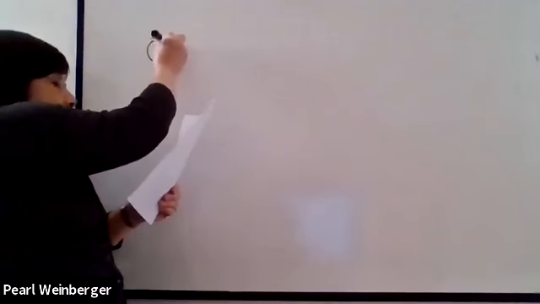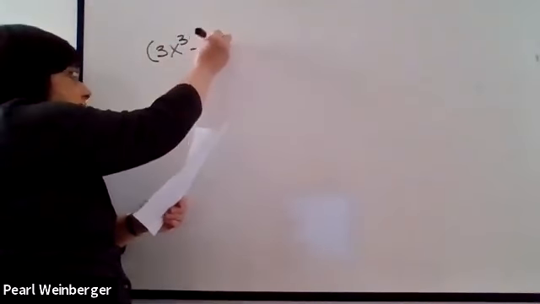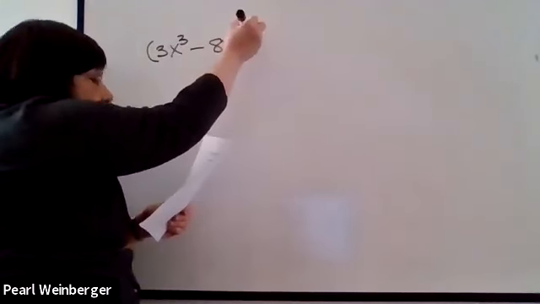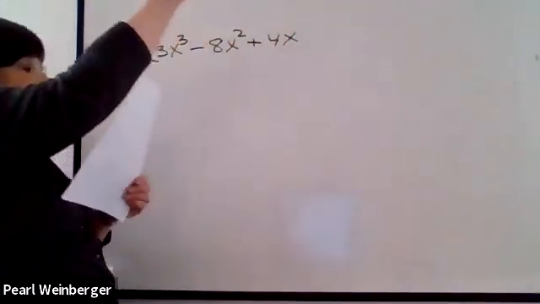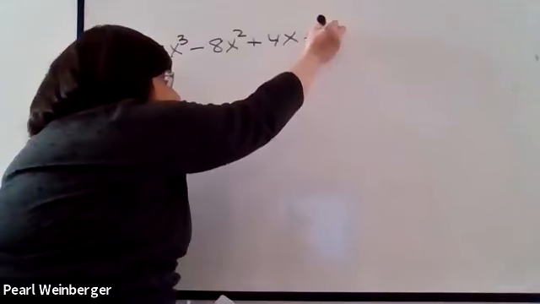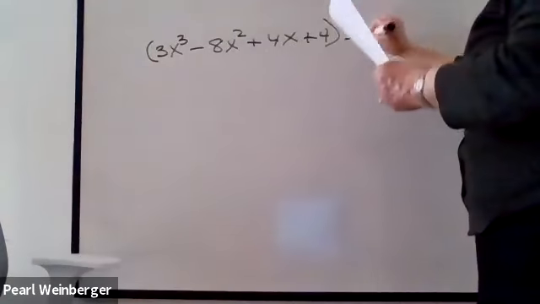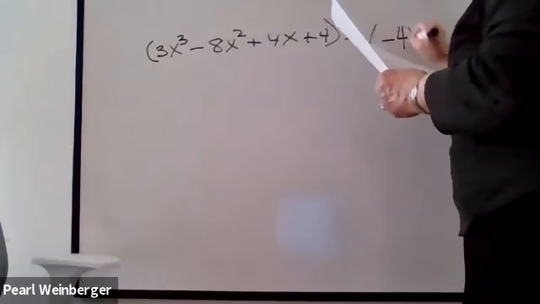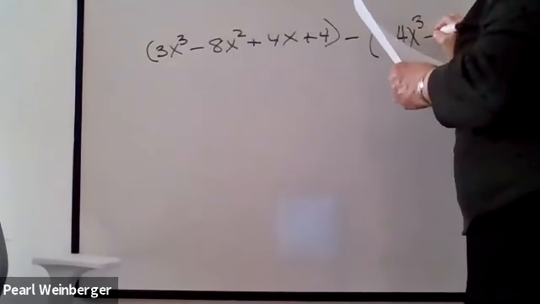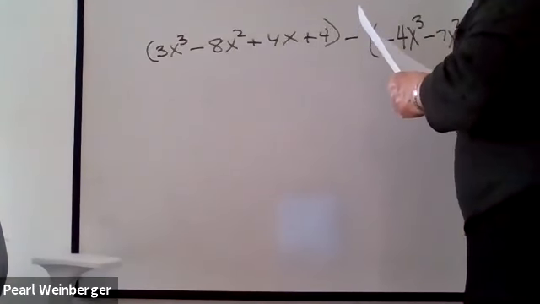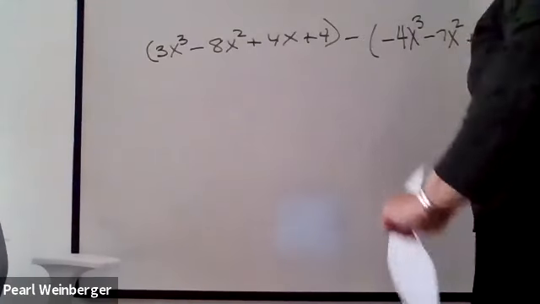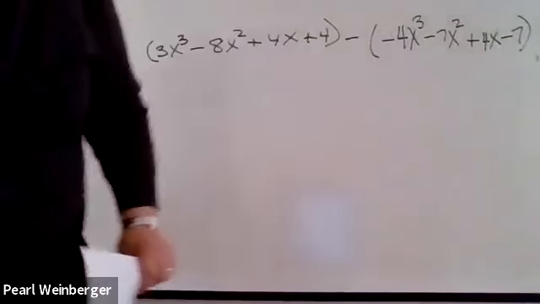Here's the example: 3x to the third minus 8x squared plus 4x plus 4, minus negative 4x to the third minus 7x squared plus 4x minus 7. Okay, let's say I have these two polynomials.